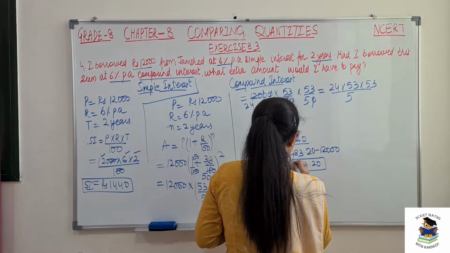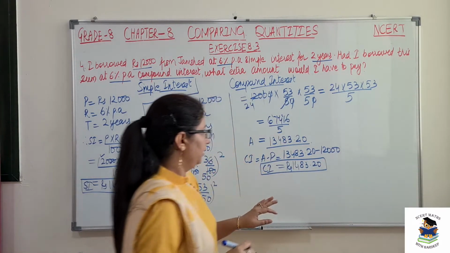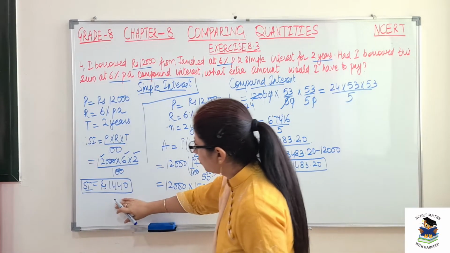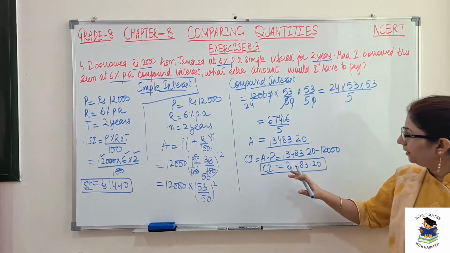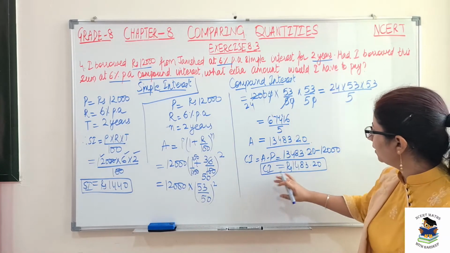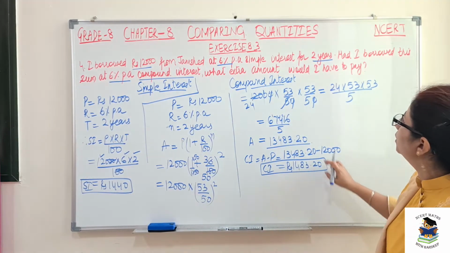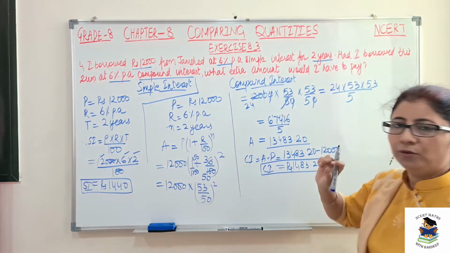So now we can see what the interest is in both cases. In simple interest, this is 1440, and in compound interest, the amount to be paid is 1483.20.